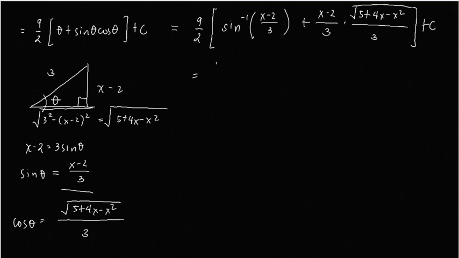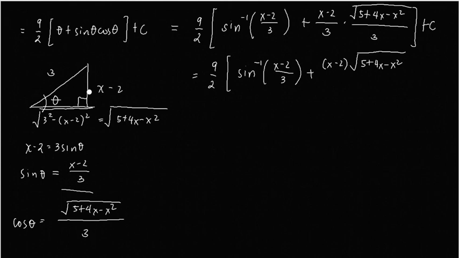So we have 9 halves times the arc sine of x minus 2 over 3 plus the quantity x minus 2 square root of 5 plus 4x minus x squared all over 9, plus c. So this will be our final answer for this problem.